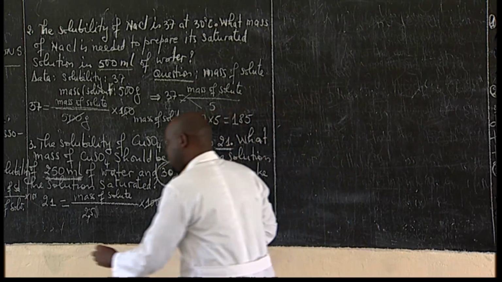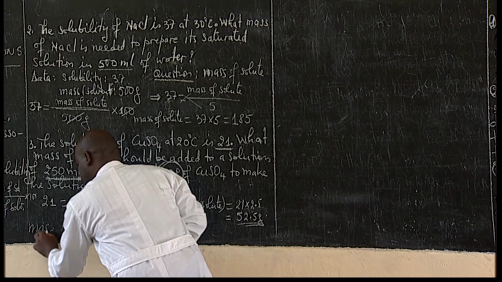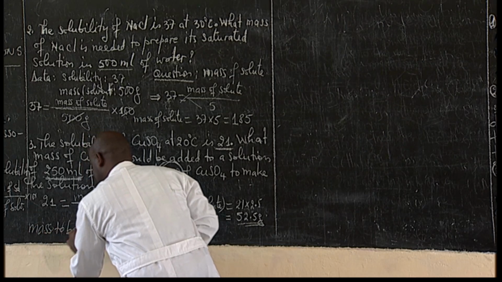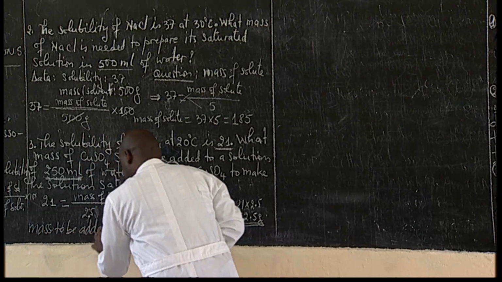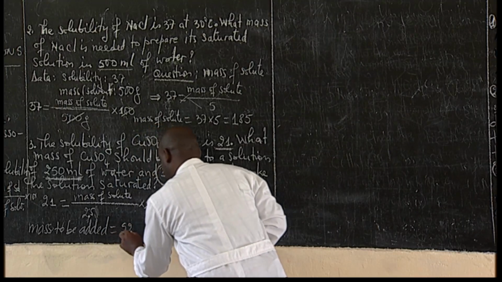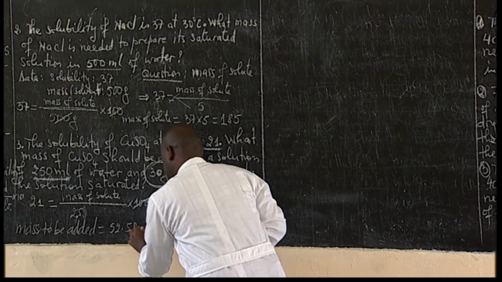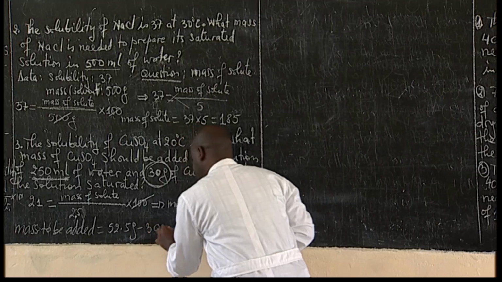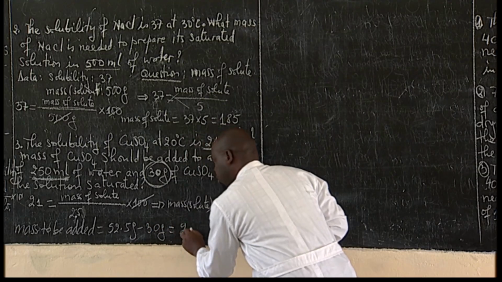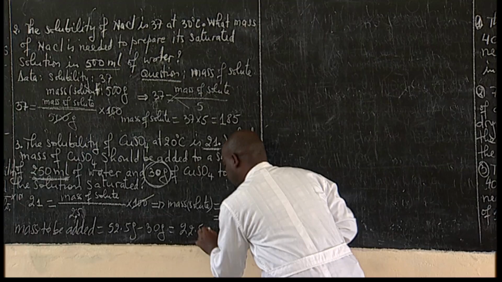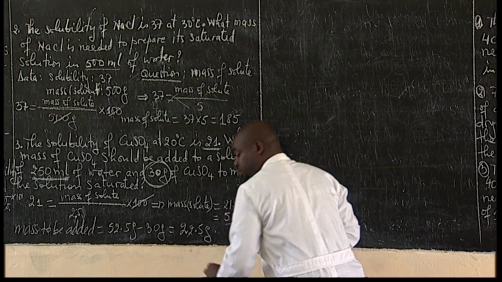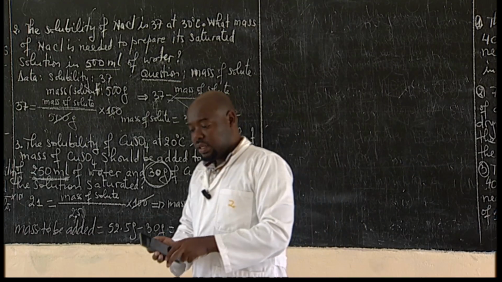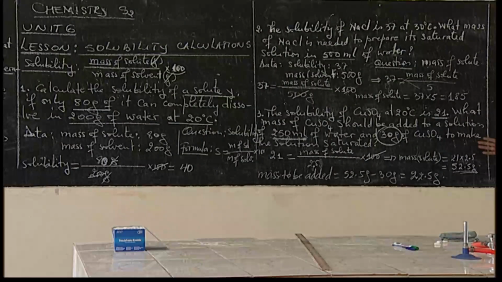So the mass to be added is just the difference, 52.5 grams minus 30 grams, and we get 22.5 grams. So that is the mass we have to add to make a saturated solution.